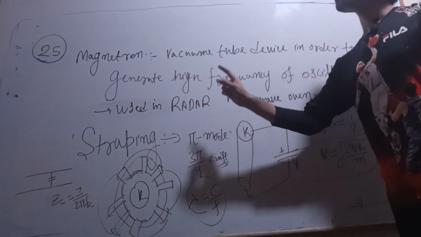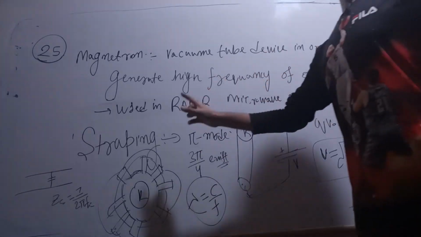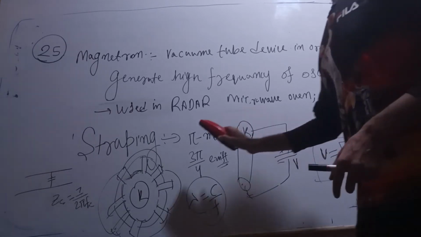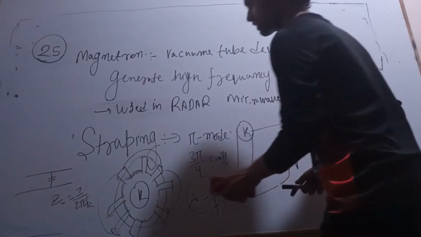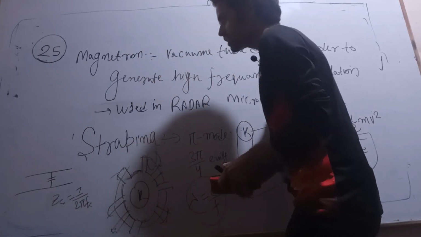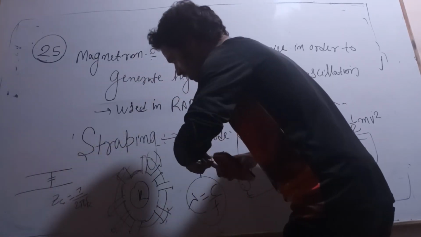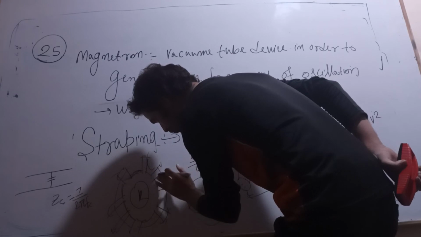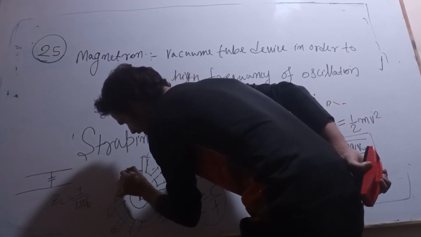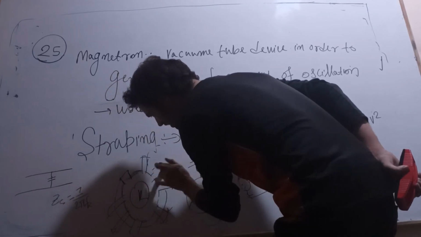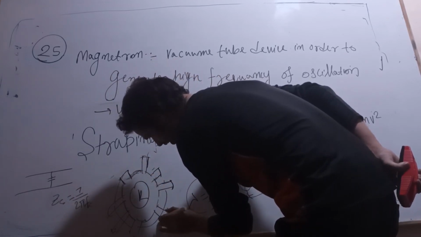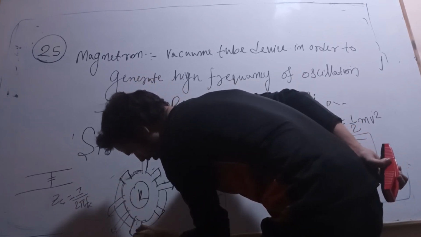And second is the parasitic capacitance which will come into the picture at high frequency. So to avoid this strapping, instead of taking equal size cavities, we will take one small cavity and one large cavity, alternately: one small cavity, one large cavity, one small cavity and one large cavity.